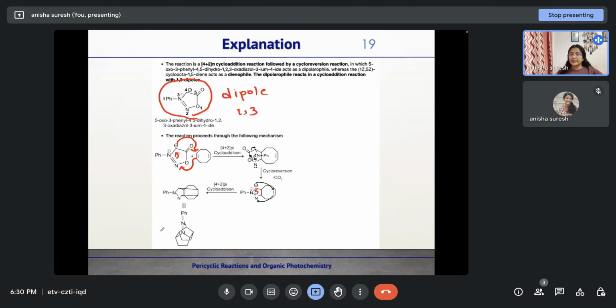So this can be written in this fashion, which was given in the question. So what is the sequence of reactions taking place here? The sequence in this reaction is a cycloaddition reaction, a cycloreversion reaction, and again a cycloaddition reaction. So two 1,3 dipolar cycloaddition reactions are taking place here.